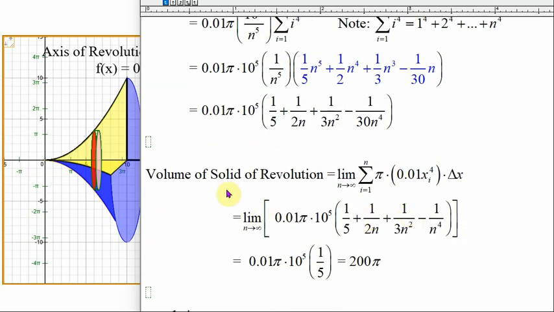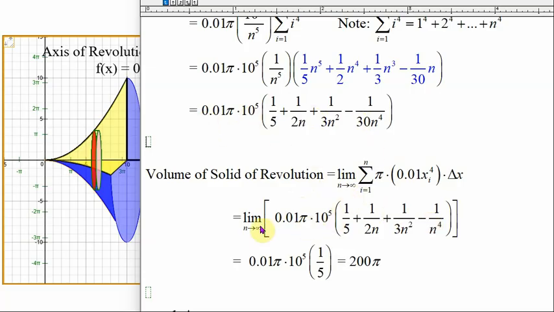The volume of the solid of revolution is the limit of this quantity right here with n approaching infinity. And we just saw that this sum right here is this, which is this right here.